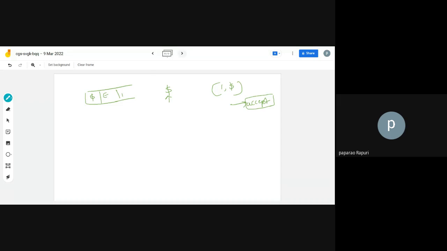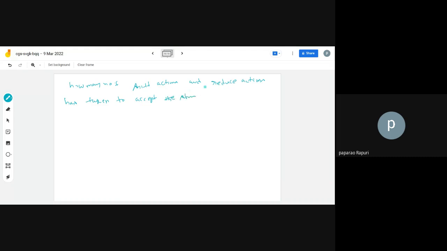Take down a question. How many shift actions and reduce actions are taken to accept the string A, B, A, B, A, B, A, B, A, B for the given grammar?